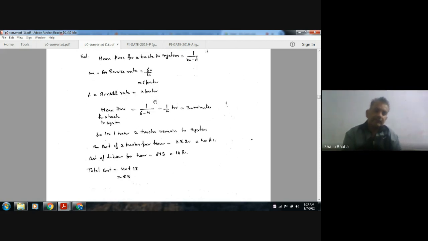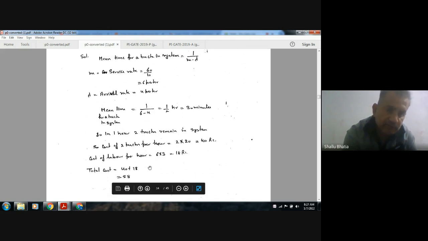One truck has to be loaded or unloaded or serviced by 3 persons, and one truck takes 30 minutes, and the same persons can load and unload the other truck in another 30 minutes. So the number of persons is 3 and the charge per hour is 6. So the cost of labor per hour is 18. So the total cost is 40 plus 18, that is 58.